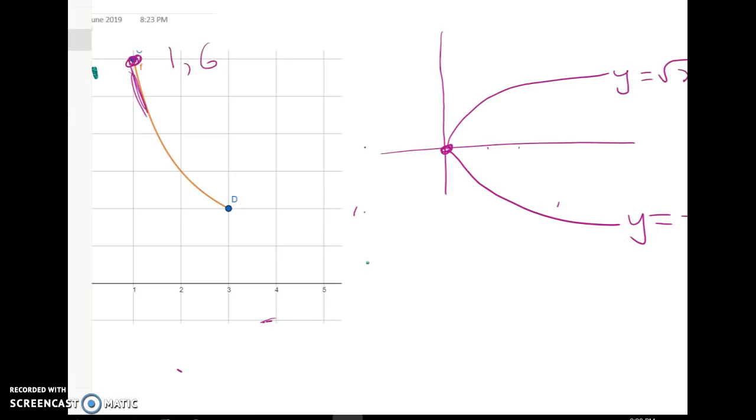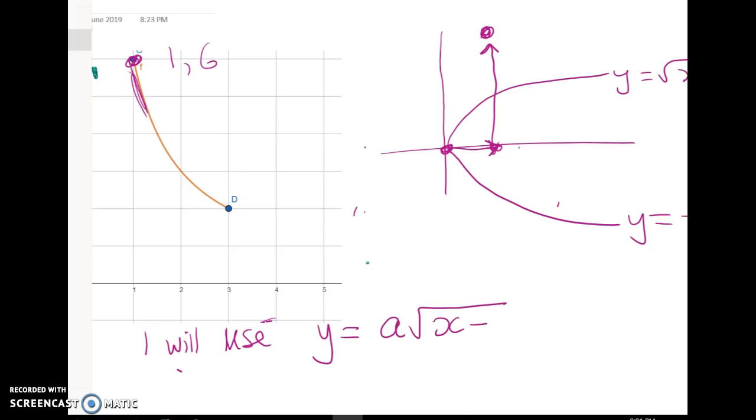So it's been shifted out 1 and then up 6 to here. Right, so the form of the square root that I'm going to use to model will look like this. I will use y equals a times root of x minus 1, because it's been shifted out, plus 6.